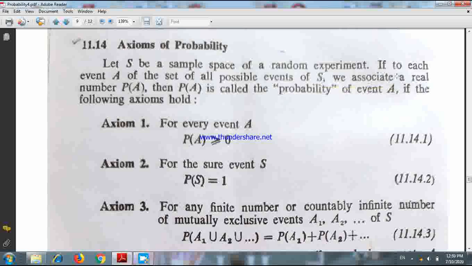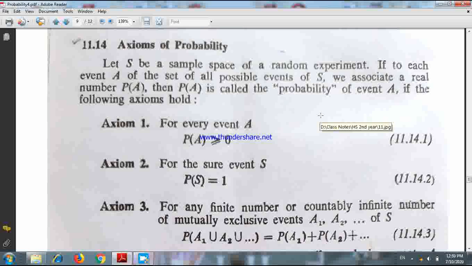That means if S be the sample space and if A be an event on the sample space S, then P(A) will be called the probability of the event A if these three conditions are satisfied. Number 1, P(A) greater than or equal to 0. Sorry, number 2, P(S) equals 1.